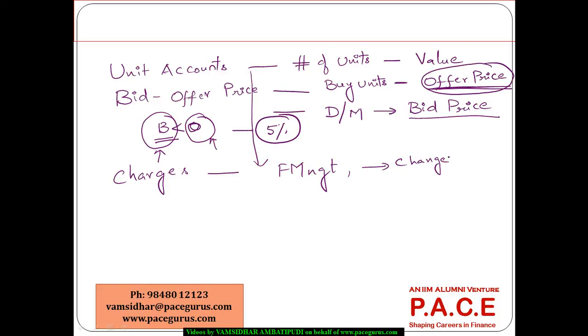So your unit account value will sometimes keep falling because of the changes that are being brought about in it. Traditionally, if I have to look at a simple diagram, the premium that you are paying has two portions: some portion is allocated, and some portion is unallocated.